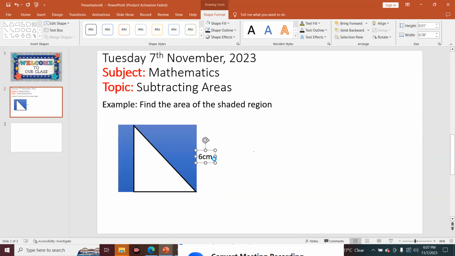So this is 6 centimeters. Let's say that on the other side, it's also 6 centimeters. Let's also say that this side is 7 centimeters.